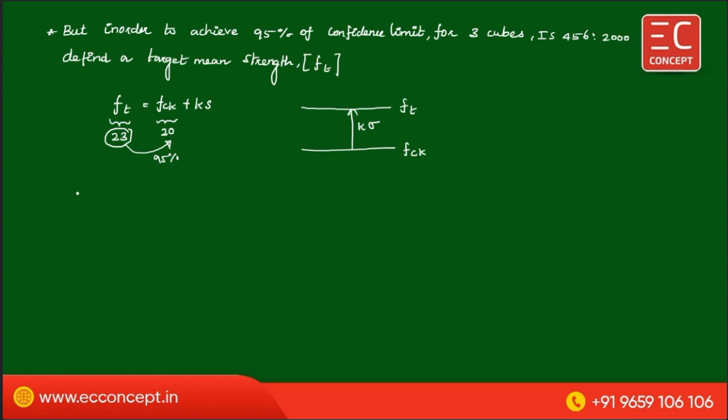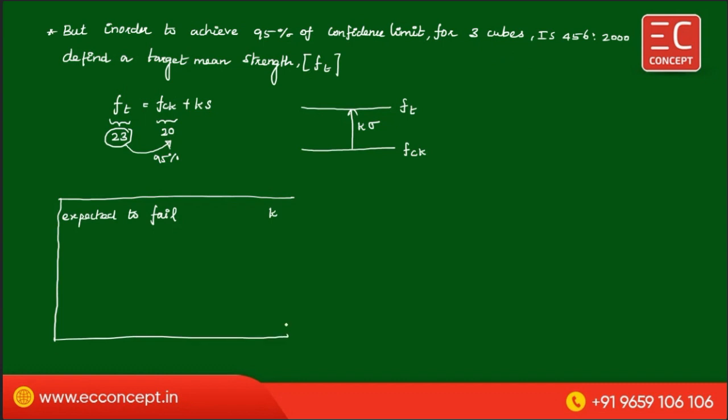See, K is equal to the acceptable, expected to fail, and the value K. So the K value depends upon the percentage of expected failures.